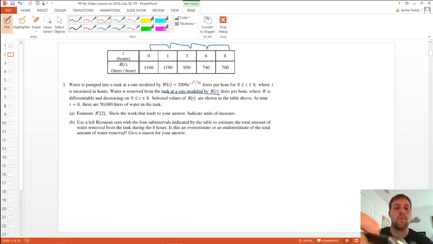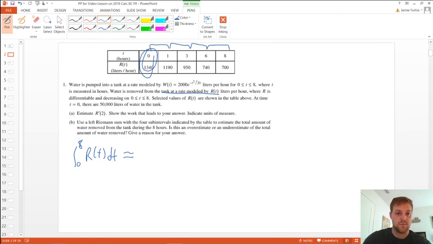Remember left Riemann sums, we start with the leftmost value, and we're going to have 4 rectangles, so 4 products here. What we're estimating is the integral 0 to 8 of R of T. That's what a left Riemann sum does.